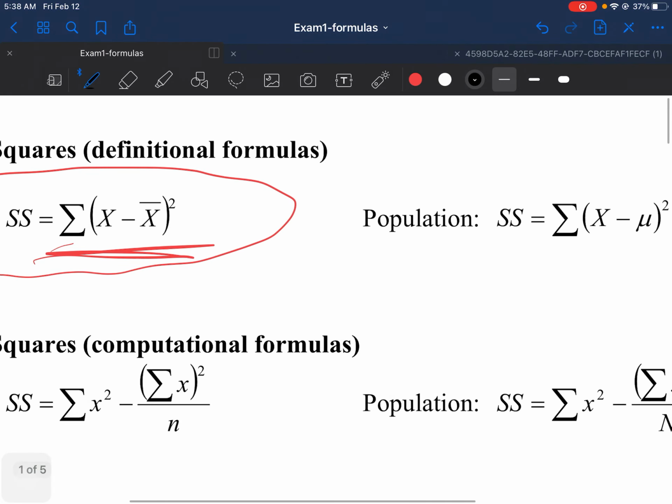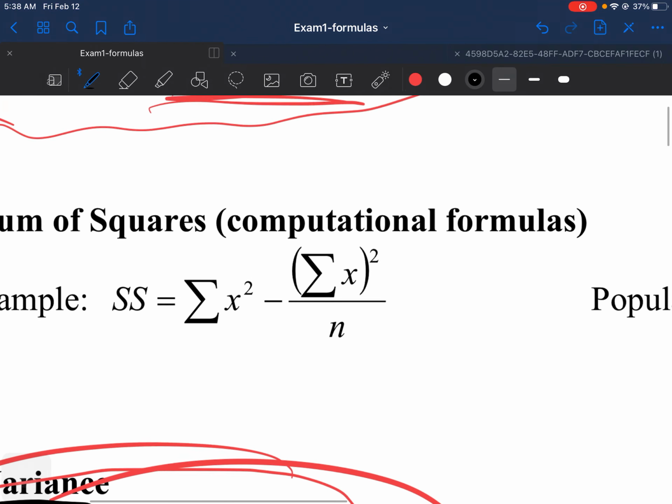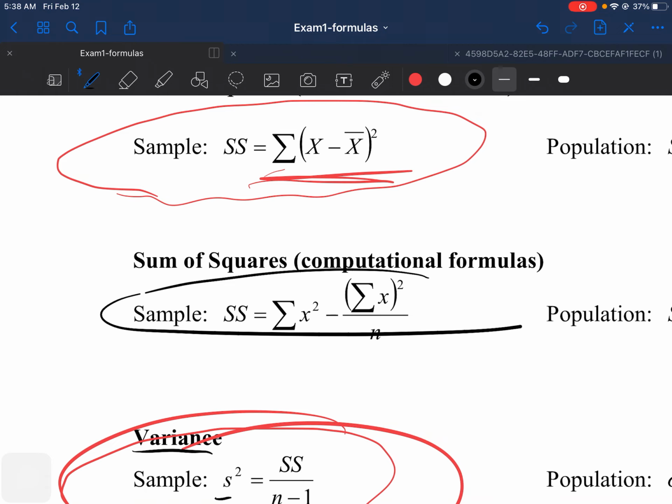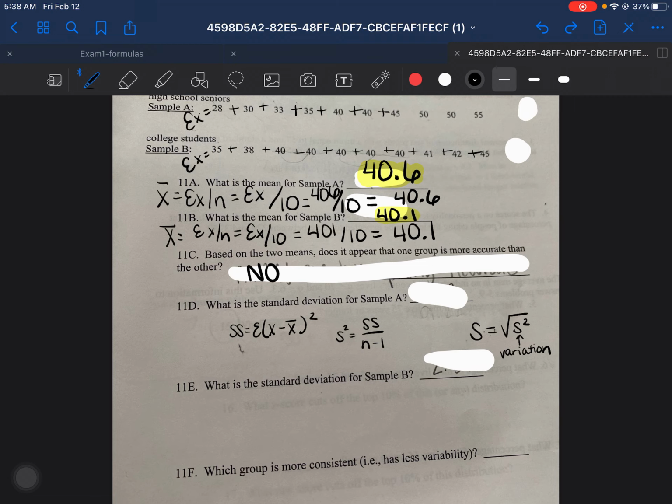But actually, let's look at this instead. Would this be easier? Okay, we'll actually use the computational formula. It's a good idea anyway that you see how to do it in multiple ways. And I think it's going to be faster to do it this way for sum of squares.